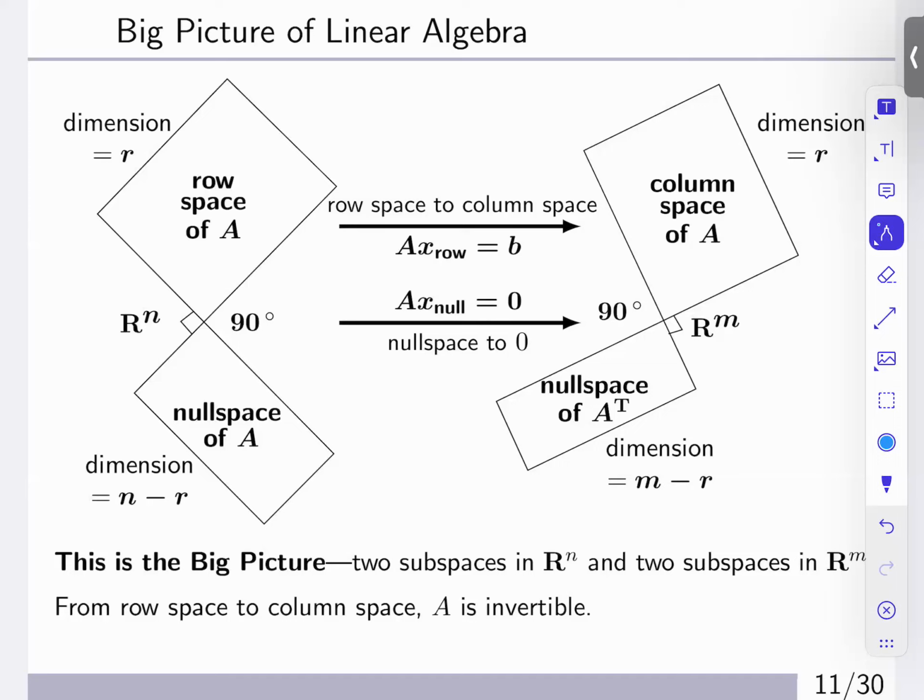As soon as you see a matrix, it should come to your mind that this matrix has a column space and a row space. The null space of A is going to be perpendicular to the row space. The null space of A transpose is going to be perpendicular to the column space. Everyone got this big picture?